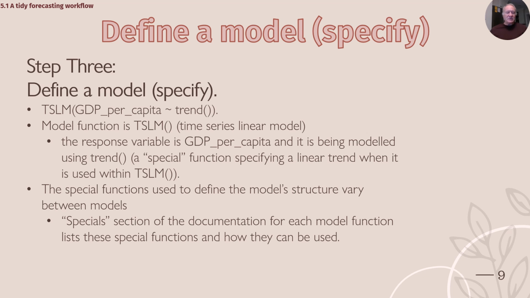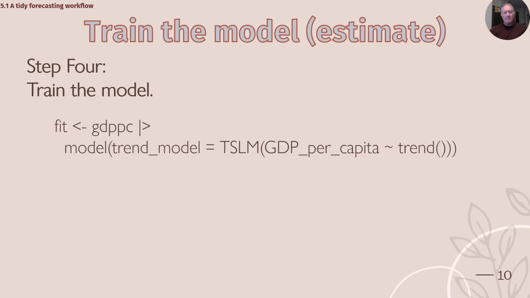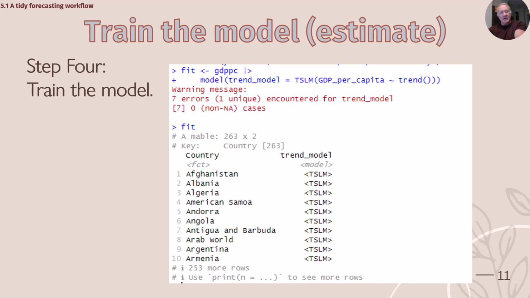So there should be special sections of the documentation for each model function which lists these special functions and how they're to be used. So we're going to fit our time series, which is the GDP per capita, and we're going to use a trend model, and we're going to use the trend function of TSLM to do it.